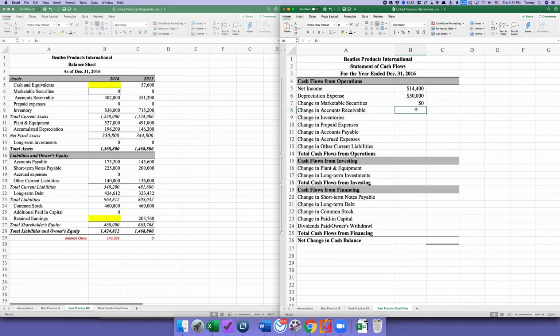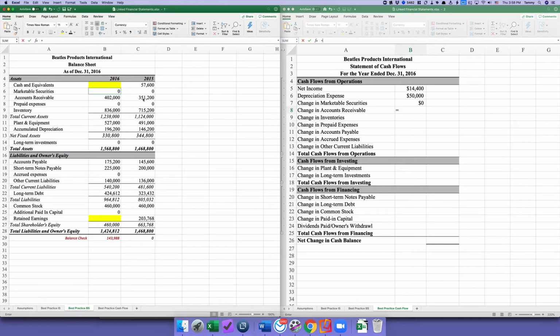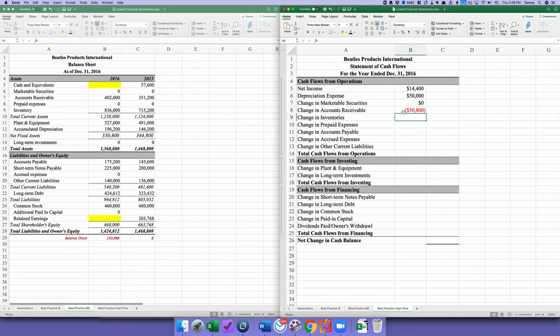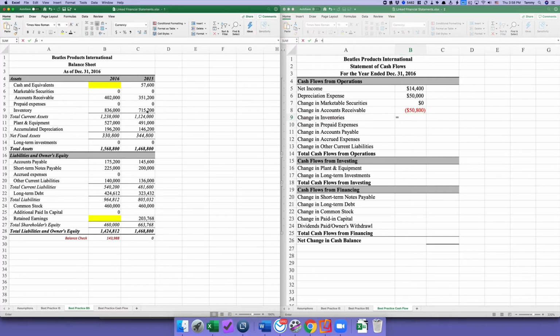Okay, the change in accounts receivable, again, we have more accounts receivable this year than we did last year. That means it's a negative cash flow. We're waiting for more money. So it's showing up as a negative $50,000, and we can eyeball it and see that we are waiting for more money from our customers. Change in inventories, likewise, we have more inventory this year than we did last year.